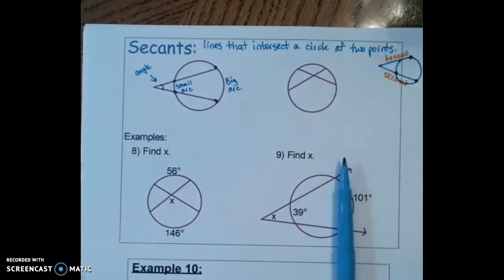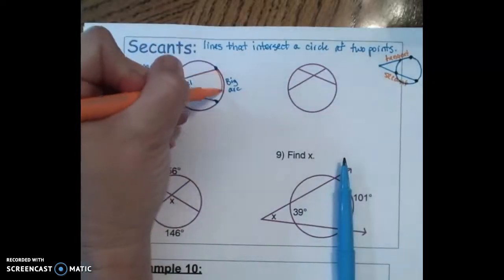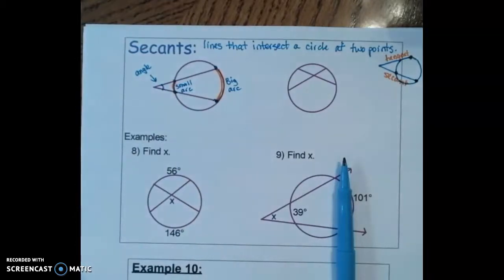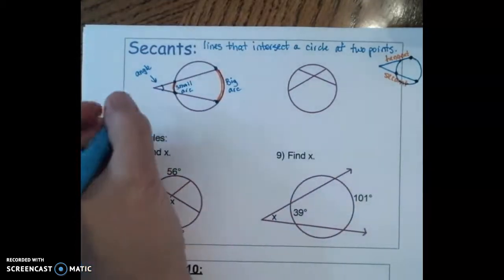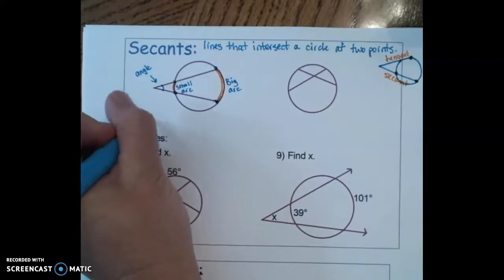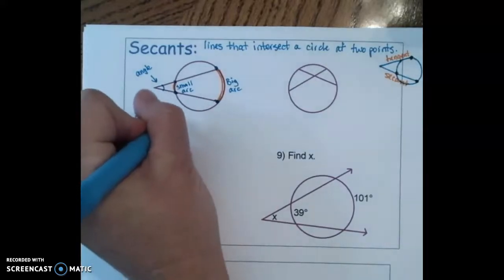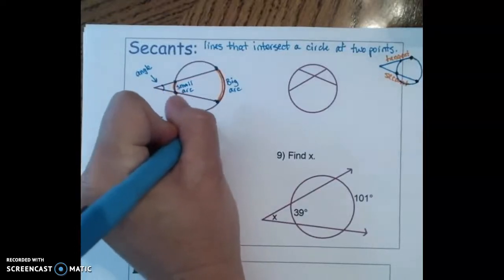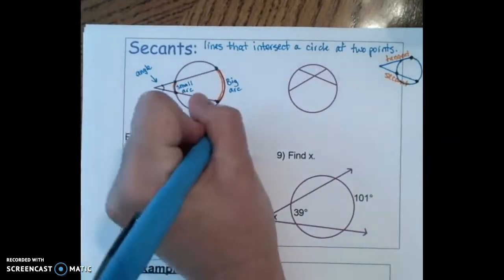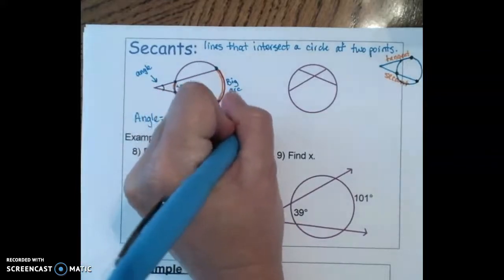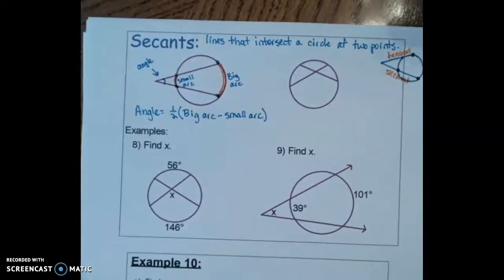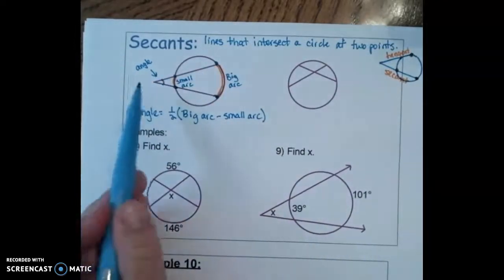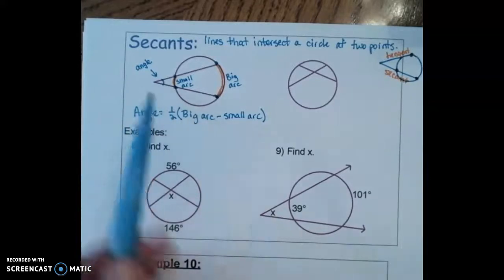Here's our big arc. Here's our small arc. So the formula to find this angle, you're going to do 1/2 times big arc minus small arc. So 1/2 times big arc minus small arc is how we'll find the outside angle.